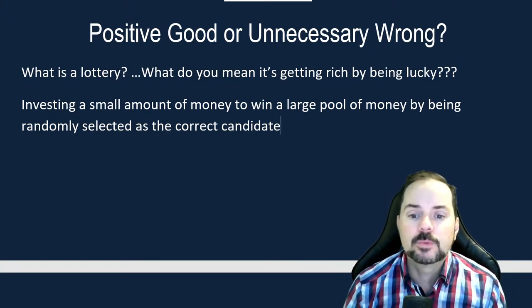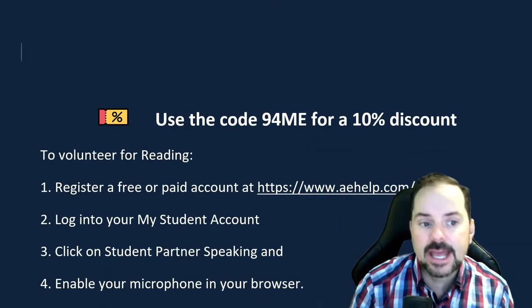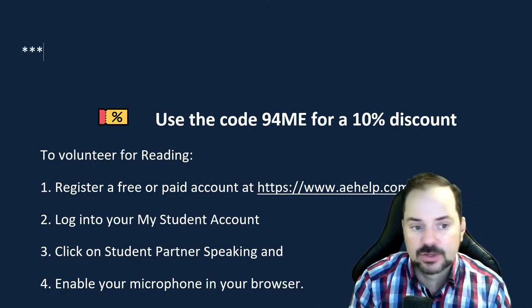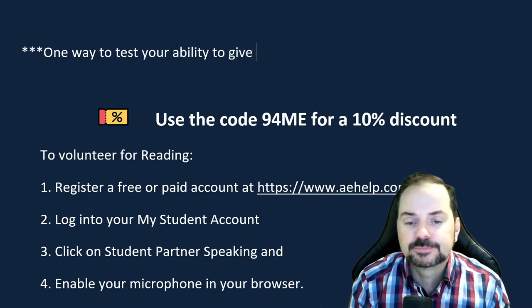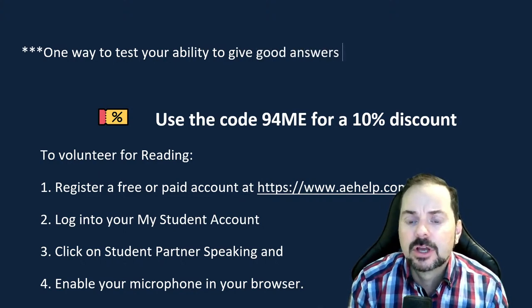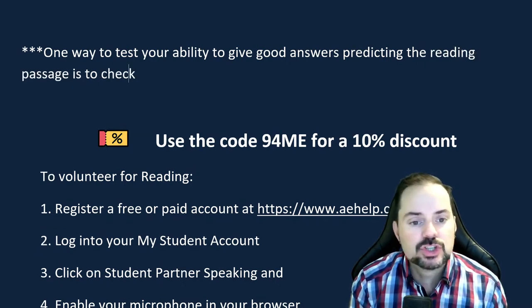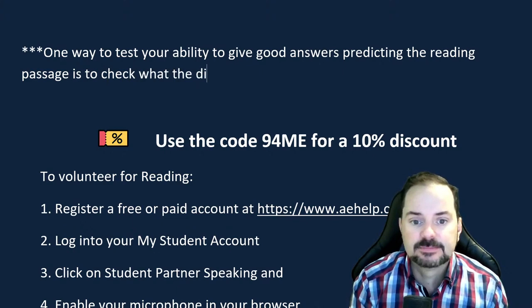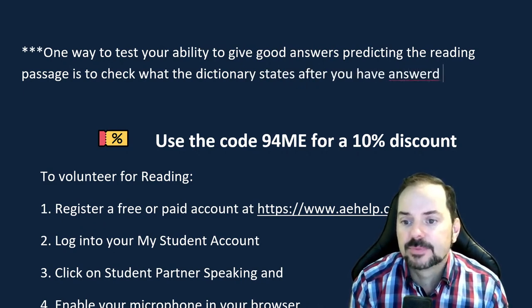So one way to test your ability to give good answers, predicting the reading passage, is to check what the dictionary says after you have answered yourself.